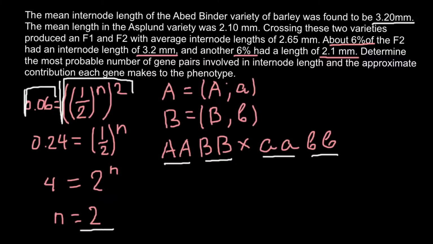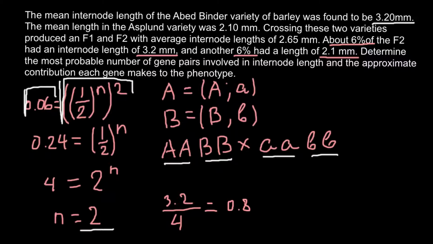So that means that we have to divide 3.2 millimeters by the 4 alleles that contribute to this trait, and we are going to find that each dominant allele contributes 0.8 millimeters.